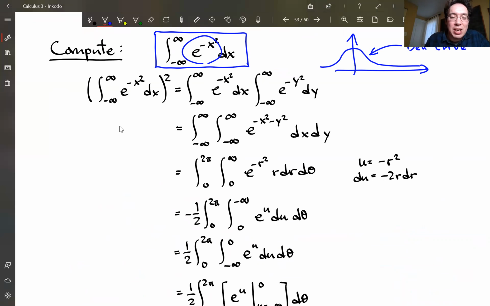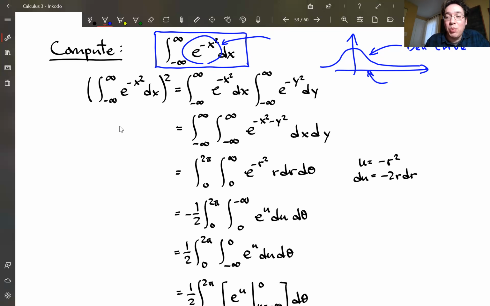If you've seen a normal distribution or bell curve in a statistics course, the curve itself isn't quite that, but it's very close. It's this function multiplied by a constant, which is stretched or shrunk, and then shifted to the left or right. But essentially, this is the curve we're looking at.